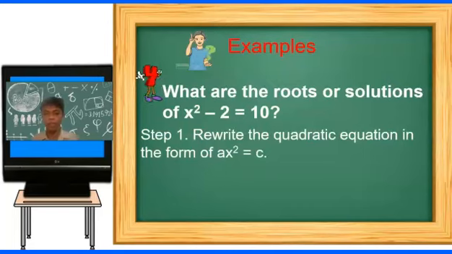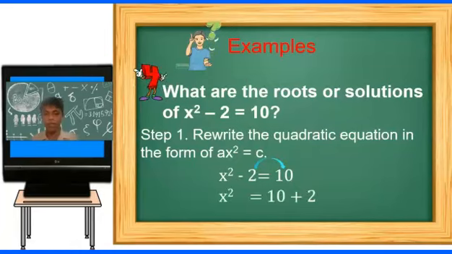So napapansin natin na lagi nating nililipat yung constant term. So the equation now is x squared minus 2 is equal to 10. Then lipat natin yung negative 2 sa right side. So x squared is equal to 10 plus 2. Then add natin dalawang constant term sa right side. So x squared is equal to 12.